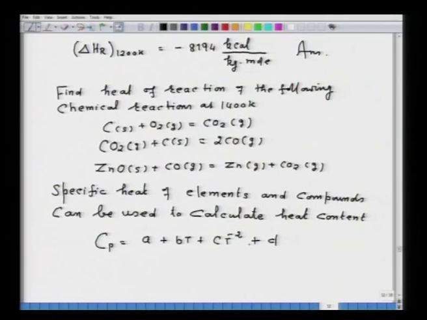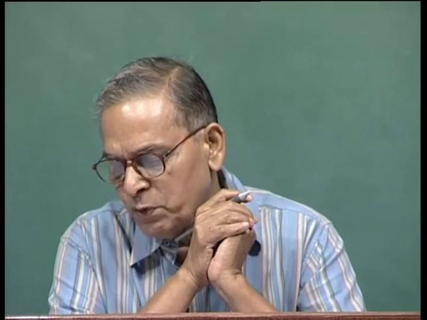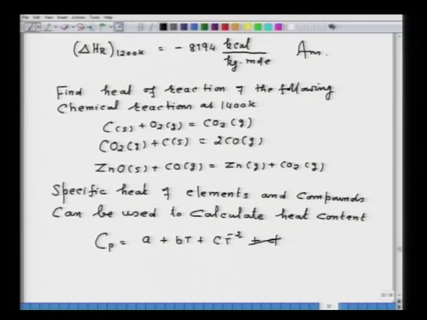So, normally Cp equals A plus BT plus CT to the power minus 2 is used for calculation of heat content at any temperature. However, for the sake of convenience, one may take Cp equal to A plus BT also. You must note that the calculated values will not be accurate. If you are looking for accurate and correct calculation, then you have to use Cp equal to A plus BT plus CT to the power minus 2.